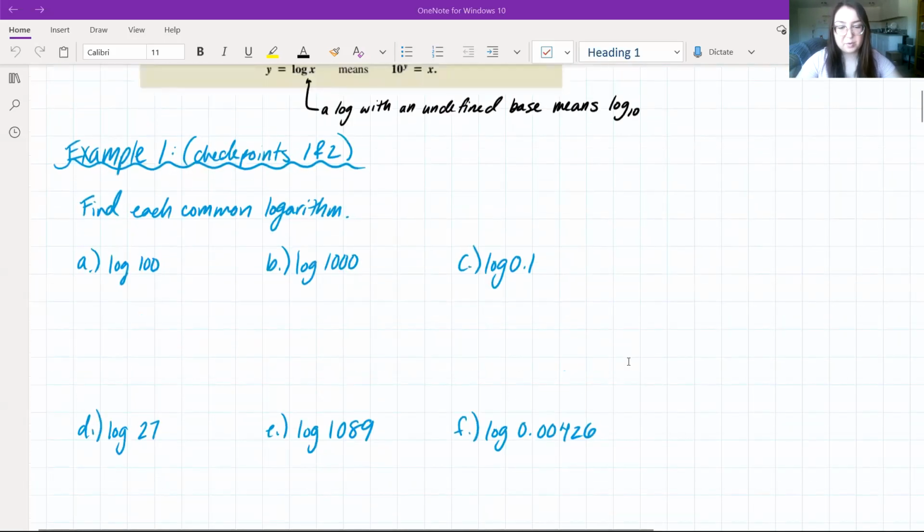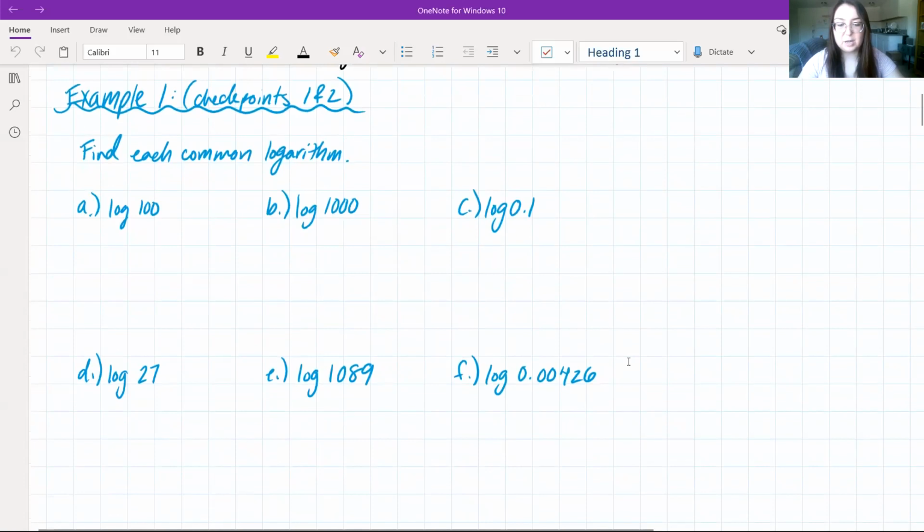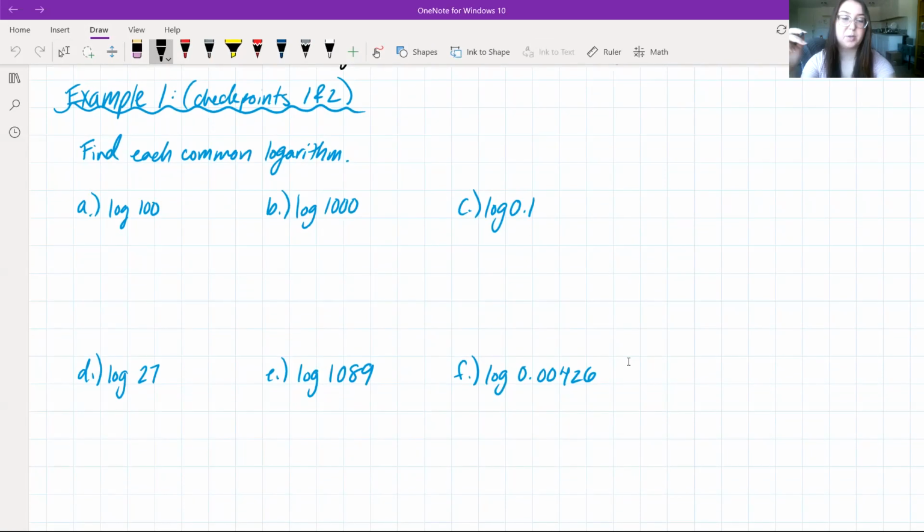So let's start with example 1, and this is going to be checkpoints 1 and 2 combined. So we have our very first part here, which is problem A. We have log 100. So if we rewrite this, since it has an undefined base, it's going to be log base 10.